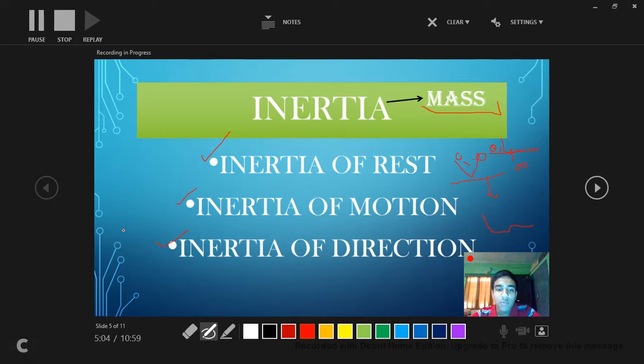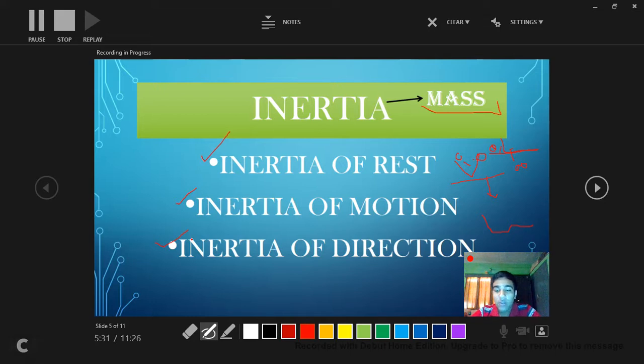Now inertia of motion: when a car is in motion and suddenly brakes are applied, you move in the forward direction. Why does this happen? The lower part of your body is attached to the seat. You're sitting on the seat of the car, so it will come to rest with the seat, with the car.